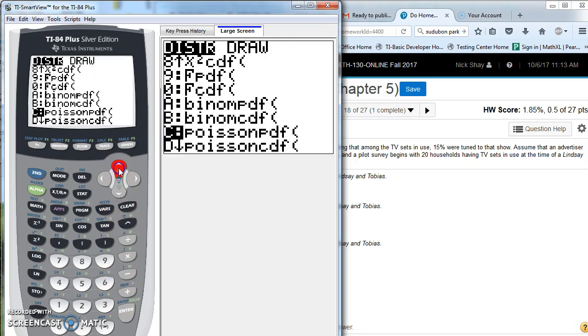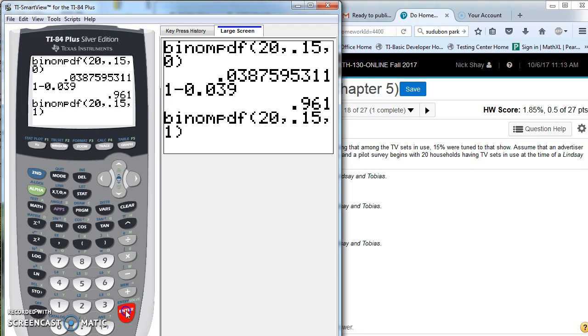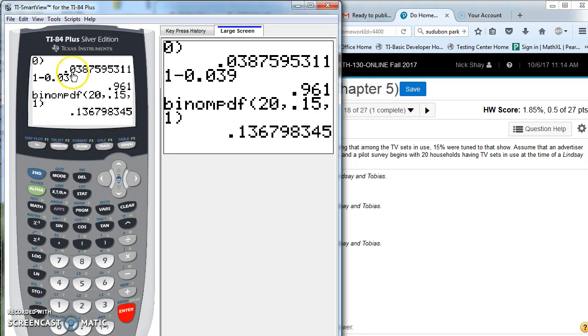We're going to do that binomial PDF. N stays the same, still 20, still 0.15, and this time instead of 0, we're going to do 1. And let's run that. So there is a 0.039 chance that 0 of them did. There is a 13.7% chance that one of them did. So we're going to add those together.